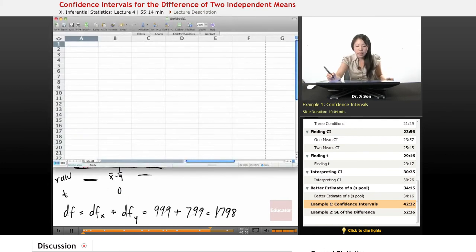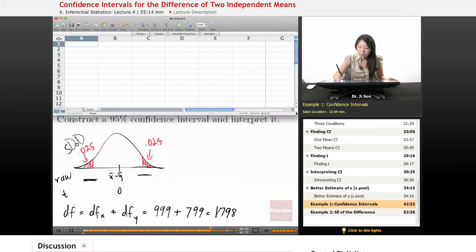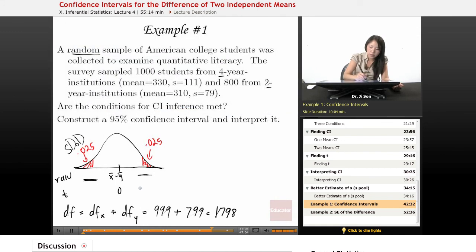Well, you could look it up in the back of your book, or you could do it in Excel, sorry. Here, we want to put in the t in because we have the probability. And remember, this one wants two-tailed probability, 0.05, and the degrees of freedom, which is 1798. And we get 1.96. We'll put 1.961 just to distinguish it. 1.961.